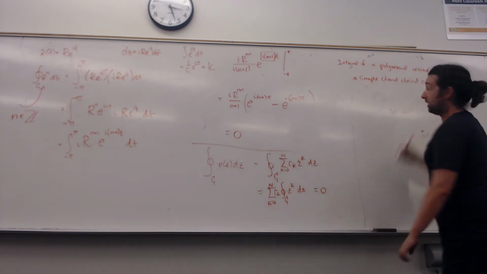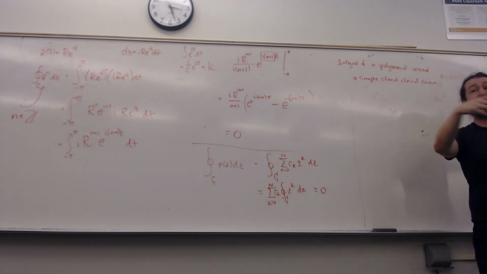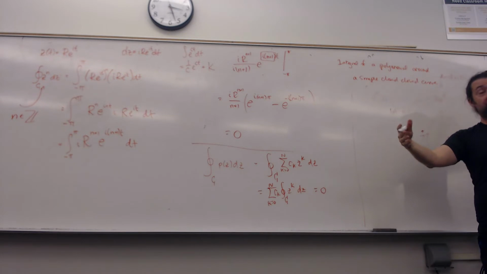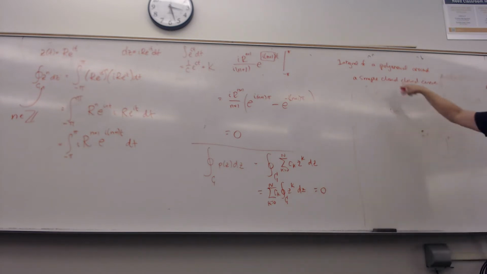Now this is a bigger statement than what I just showed right here, but it turns out that you can extend this to any simple closed curve. Not just the circle centered at 0, but we're going to talk about a theorem that lets us extend this so that this is true for any simple closed curve, is 0. Which is not very exciting, right? I integrate these analytic functions and I get 0 out the other side.